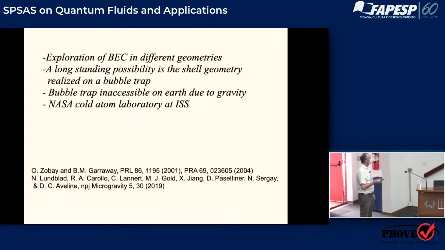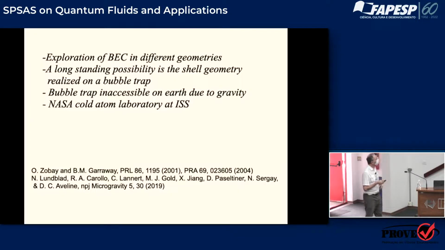A bubble trap is inaccessible on Earth due to gravity. So a possibility is to do this experiment in the NASA Cold Atom Laboratory at the International Space Station. They packed a BEC apparatus and sent it to the International Space Station. And it's possible to make this bubble trap in this microgravity environment.